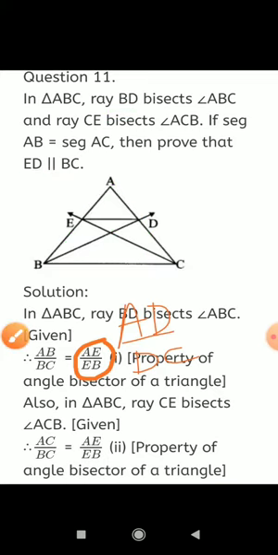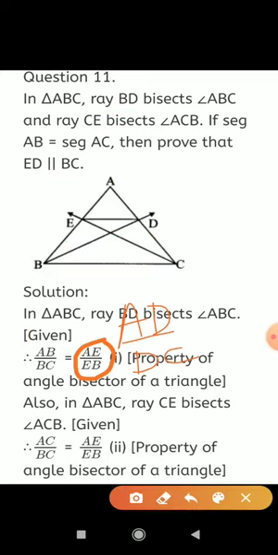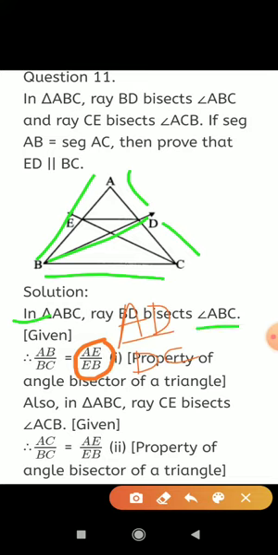So see again. BD is the angle bisector of angle ABC, so by using the angle bisector theorem we can write the formula: AB upon BC is equal to AD upon DC.